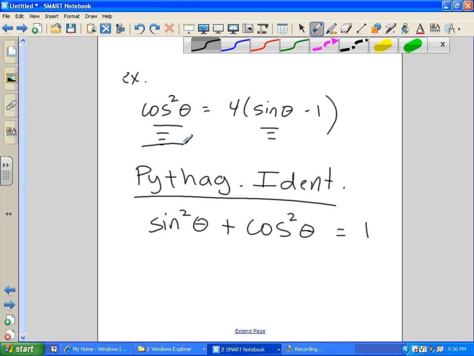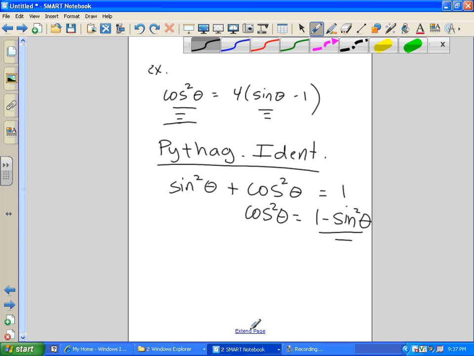If we solve our Pythagorean identity for cosine squared, we get cosine squared theta equals 1 minus sine squared theta. And that's our key right there. So for that cosine squared, I can replace it with 1 minus sine squared. It's a Pythagorean identity, and using that substitution to solve this equation.